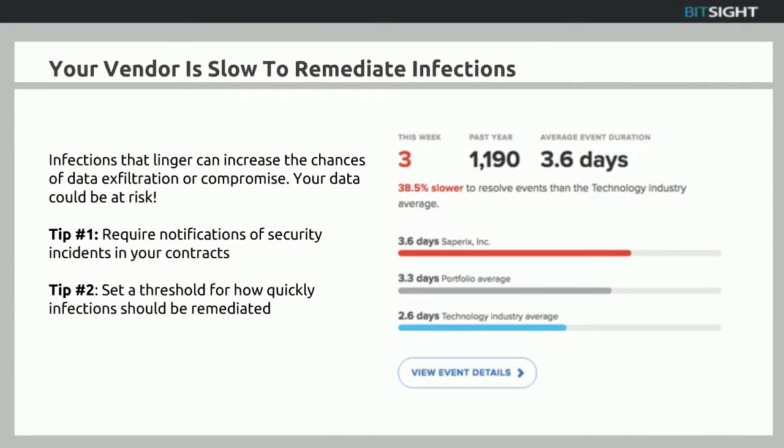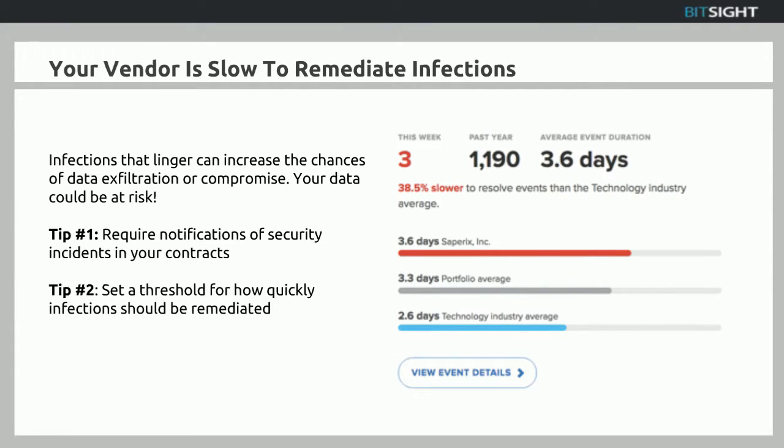So what you could do in your vendor contracts is to put in language that says that whenever there are security incidents, the vendor needs to contact you, and in the contract you can require that there be a threshold on how quickly the vendor should respond to new incidents that show up on their network.